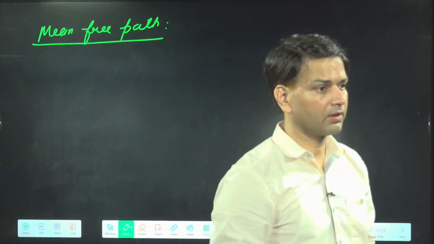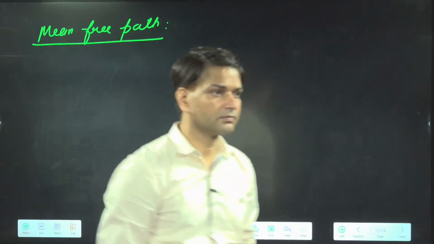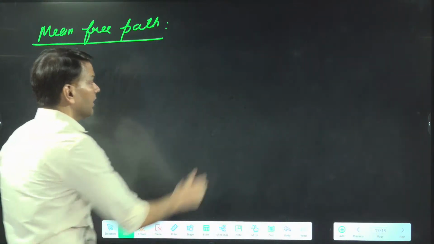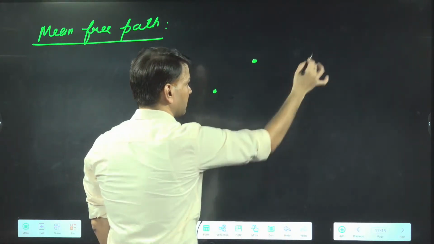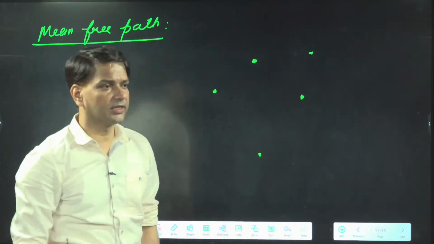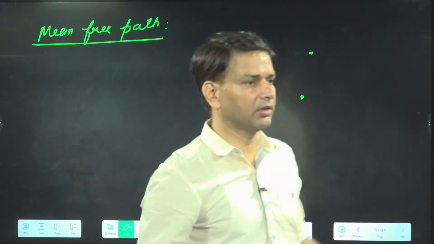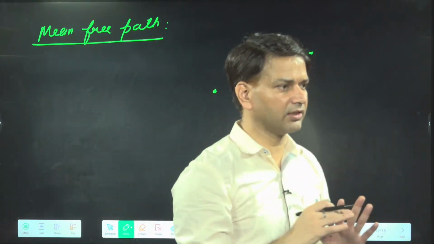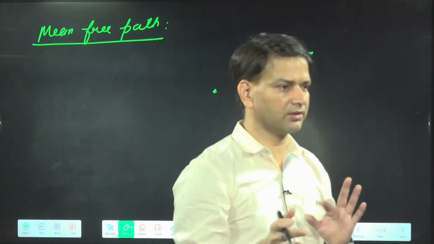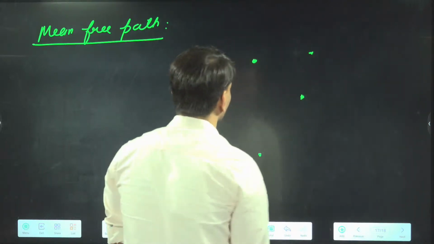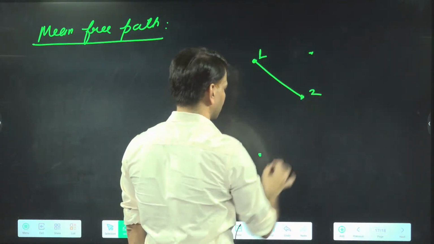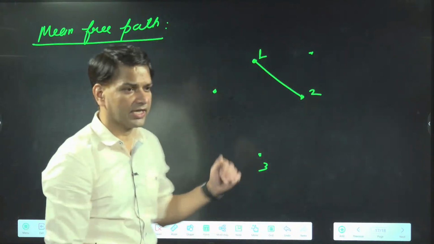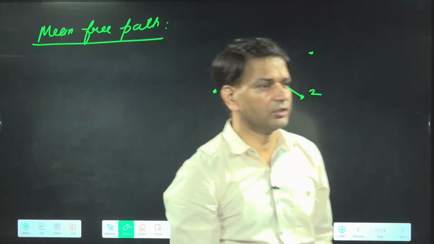No. Okay. So suppose I am taking gas molecules inside a container. What is happening? They are moving randomly inside the container, colliding with each other. Suppose it collides with this. This is the first atom, this is the second. So the first atom collides with the second.